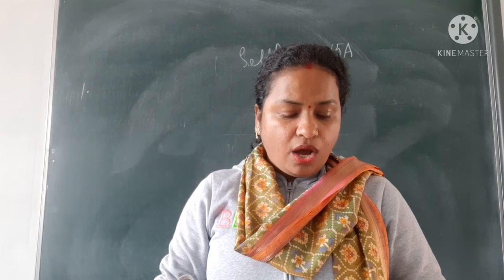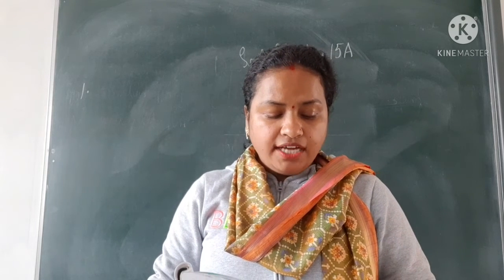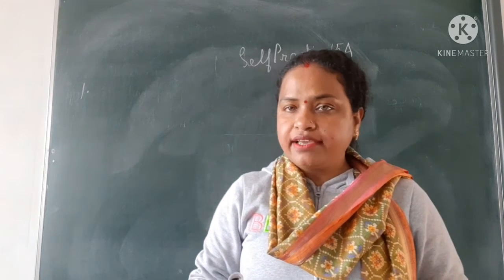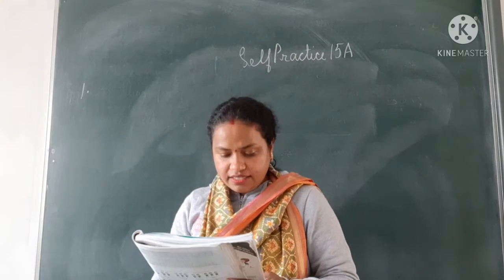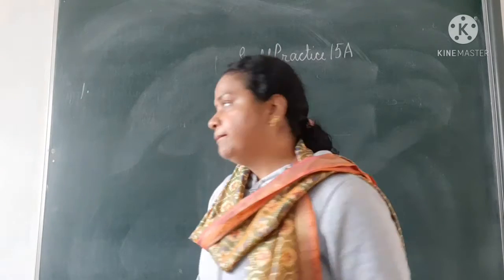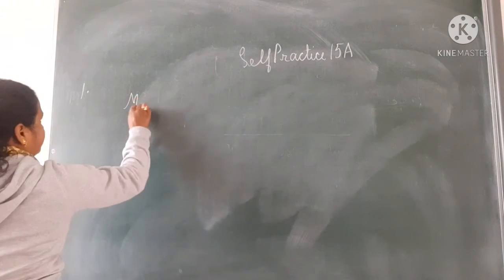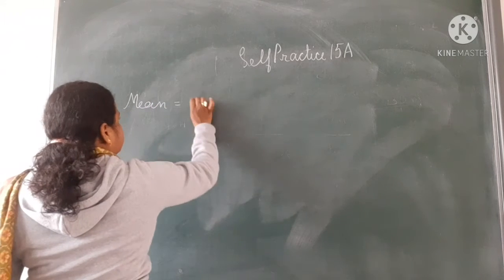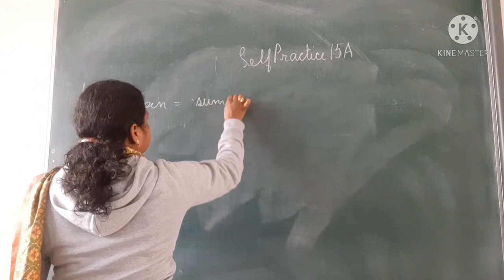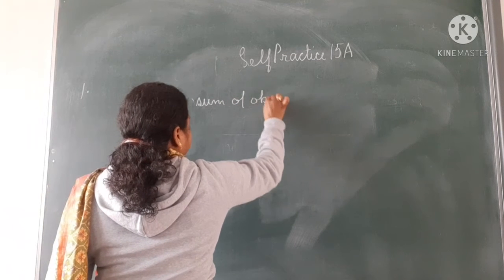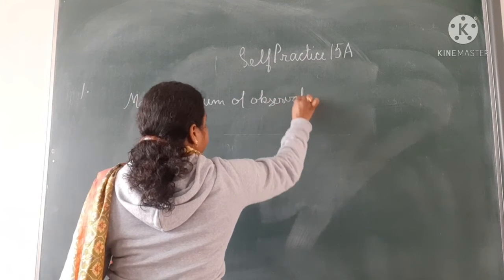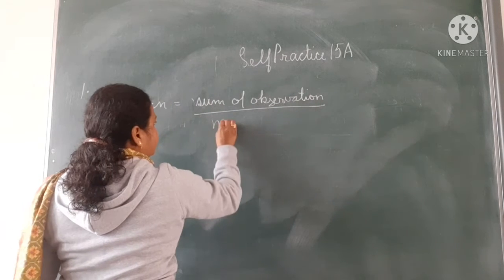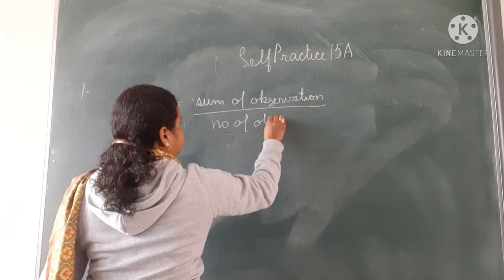So you see how many numbers are given? 1, 2, 3, 4, 5, 6. Total 6 numbers are given, meaning 6 observations. So you have to find the mean score. Here the mean will be the sum of observations upon the number of observations.